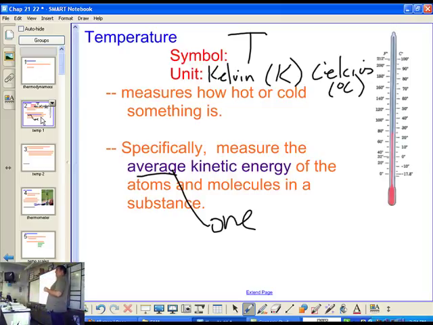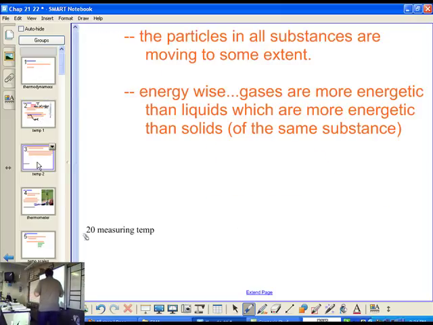So, when we're talking about this, the particles in all the substances are moving to some extent. Even this table, you might say, well, this table isn't moving. If we got down to the molecular level, we would see that all the little molecules that make up the table are vibrating. They're locked together because they're solids, but they're vibrating within that matrix.